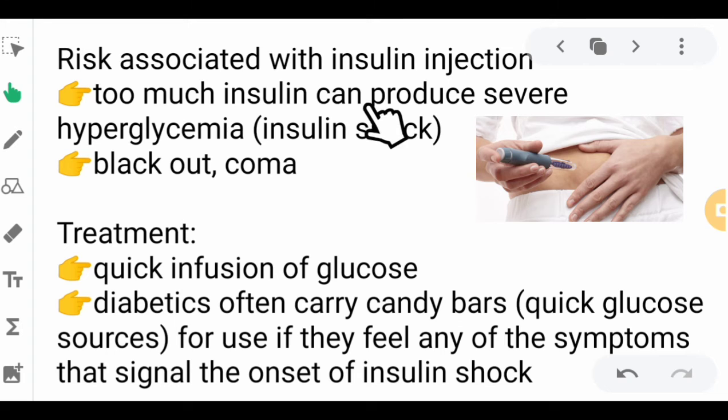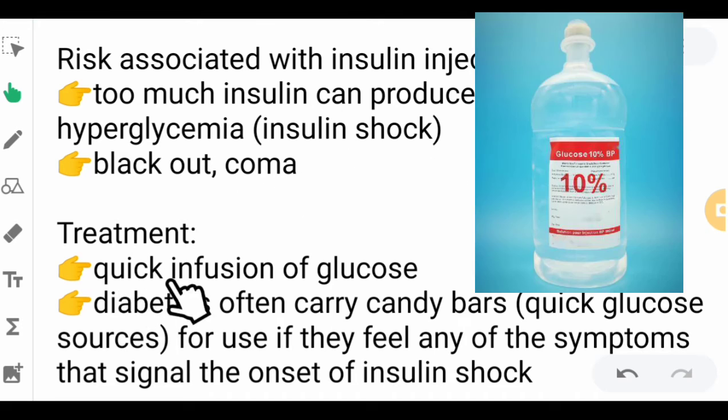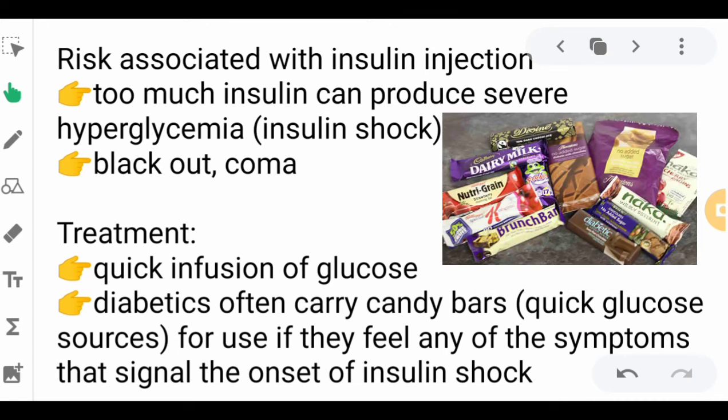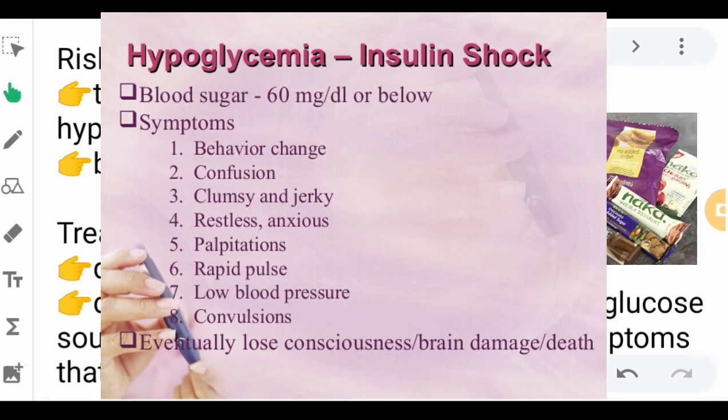Too much insulin can produce severe hypoglycemia or insulin shock, which leads to blackout and coma. The treatment for this is quick infusion of glucose, and diabetics often carry candy bars, which are quick glucose sources, for use if they feel any of the symptoms that signal the onset of insulin shock.